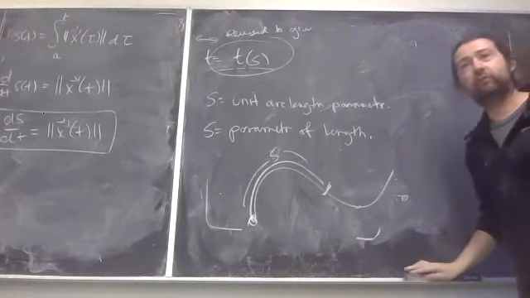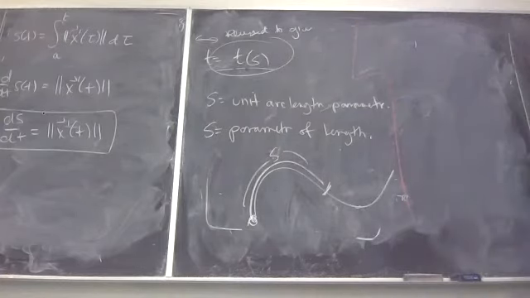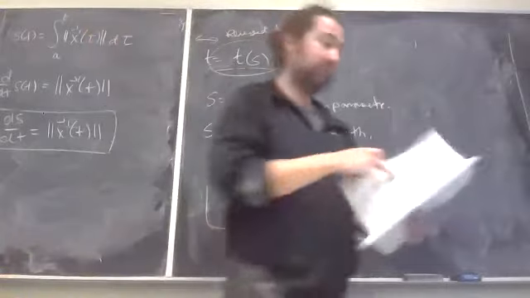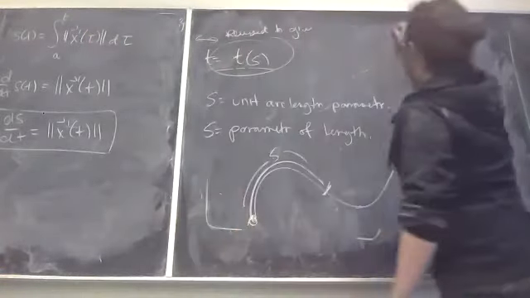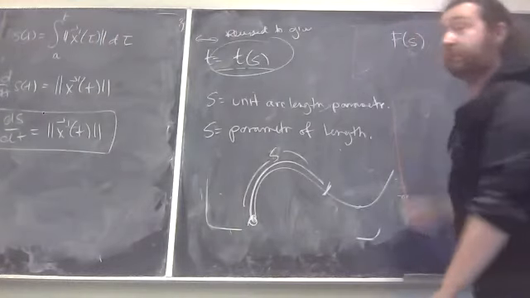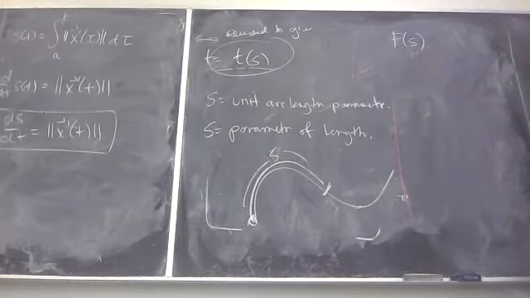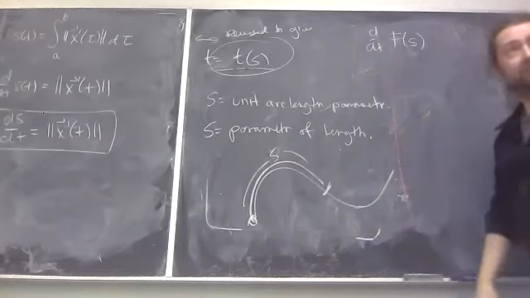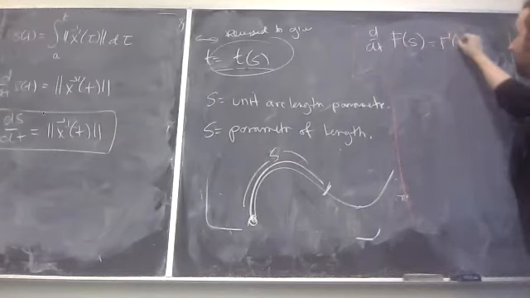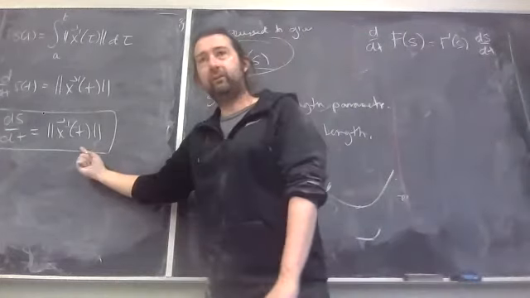This is a reason why this gets glossed over in your calculus classes. The nice thing about s, though, is that you never actually have to do anything explicit with it because you can just use the chain rule. If you have a function that is parameterized not by time, but by arc length, and you want to compute with it, the derivative with respect to time of f of s is equal to f prime of s times ds/dt by the chain rule, and I know what ds/dt is. It's just the length of x prime of t.